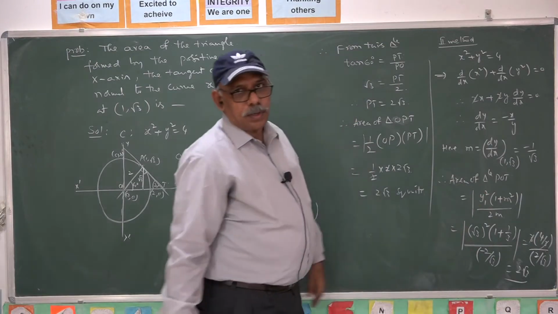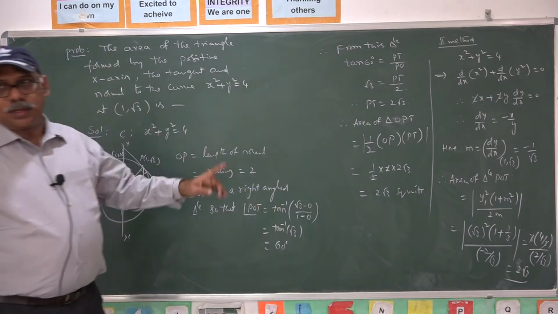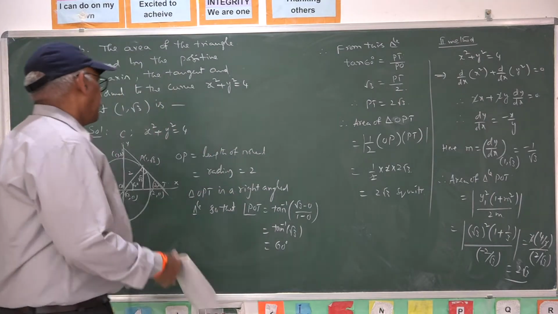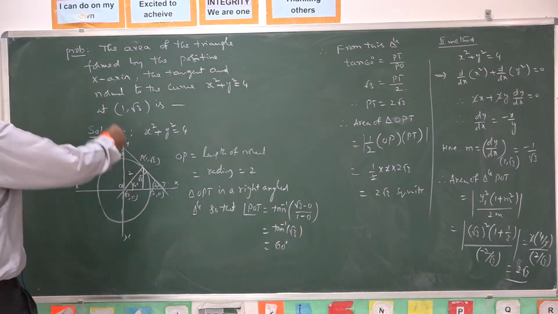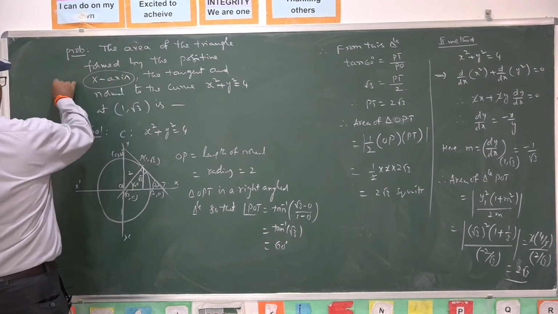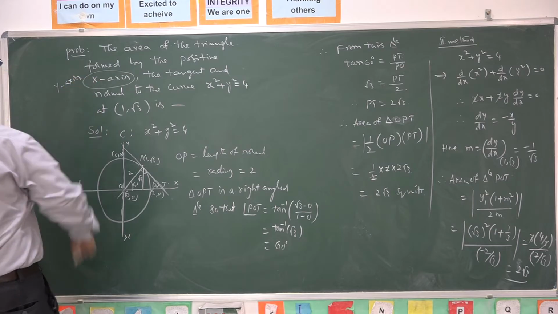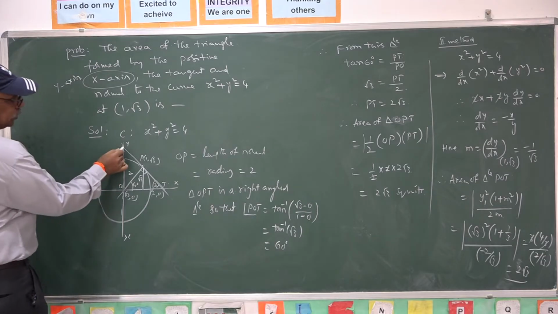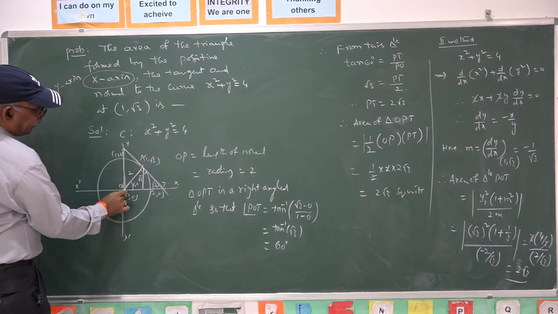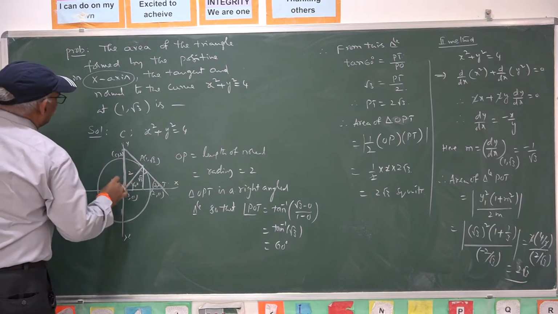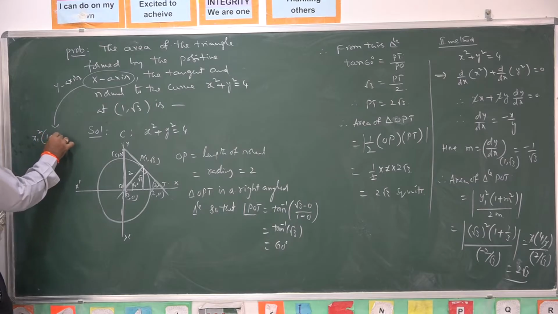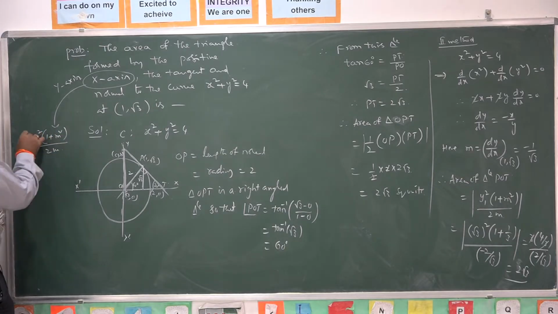Area of the triangle formed by tangent, normal and x-axis. In the problem, instead of x-axis, once y-axis is given, the area of the triangle formed by tangent, normal and y-axis, suppose if you are in need of this area, then the formula is x1 square into 1 plus m square by 2m with modulus.